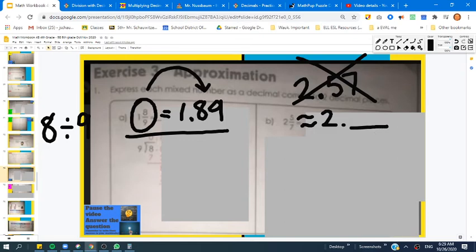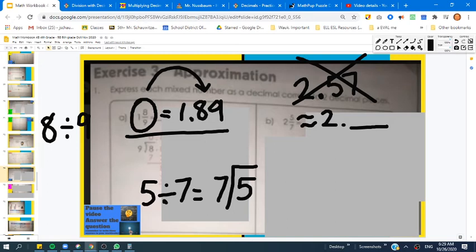Okay, now let's divide 5 by 7 to find out what our decimal is. 5 divided by 7 can be written in many different ways. In my way, I'm going to put 7 on the outside and 5 on the inside.